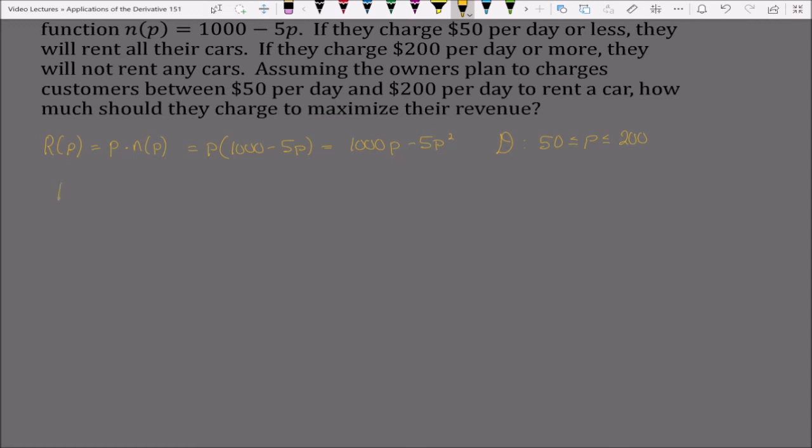Take its derivative: 1000 minus 10P. Set it equal to 0. This will give us that P is equal to 100. R double prime of P is negative 10. So this means that R double prime of 100 is less than 0, which means that 100 does indeed result in a max.